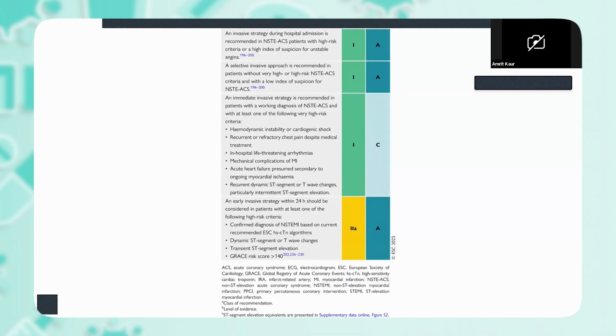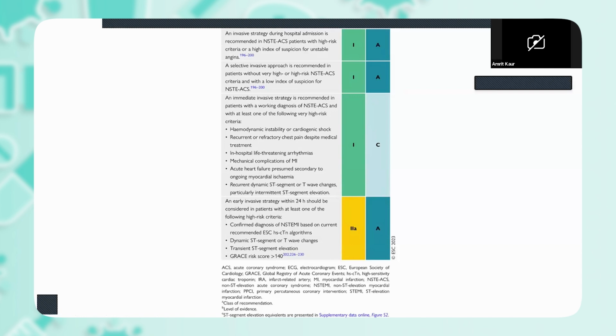The only point they ask in the exam is when you have to do an immediate PCI versus an early one, that is within 24 hours. That depends on your risk stratification. So it's important to know patients who have very high risk criteria. On ECG, you have seen it is a non-ST elevation, and you stratify them according to the high risk criteria.